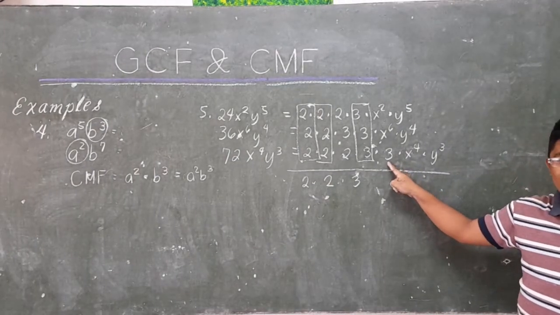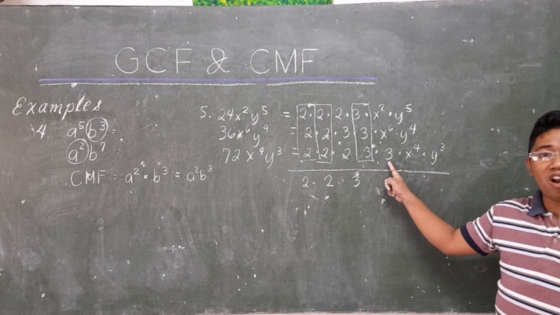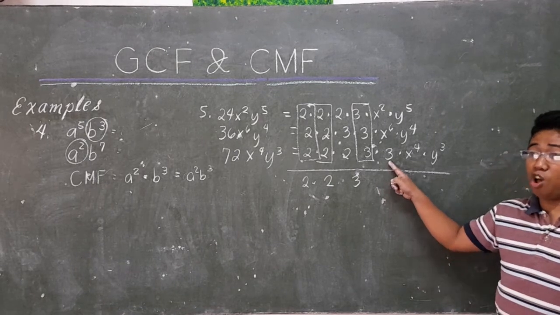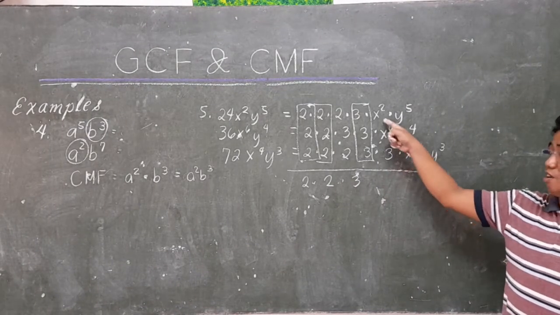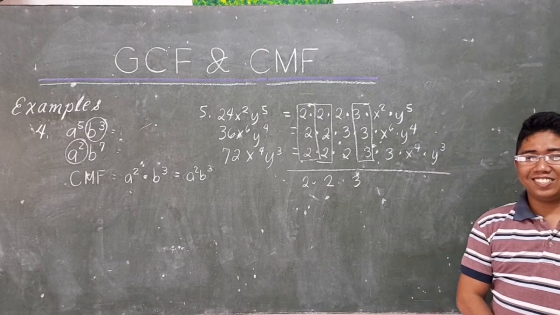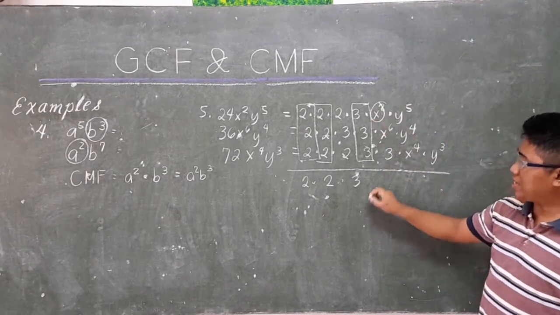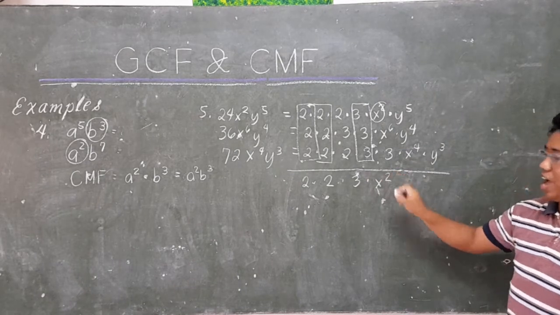How about the variable x? Again, for the variable x, we are looking for the lowest exponent. What is the lowest exponent among the x variables here? The answer is 2. So we get x squared as the lowest exponent. How about the variable y?